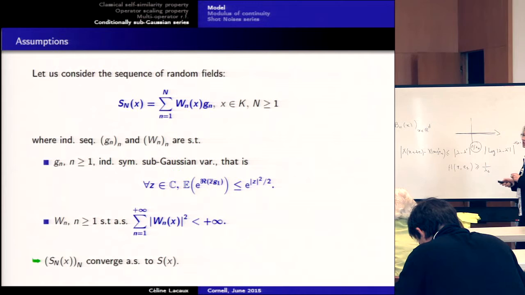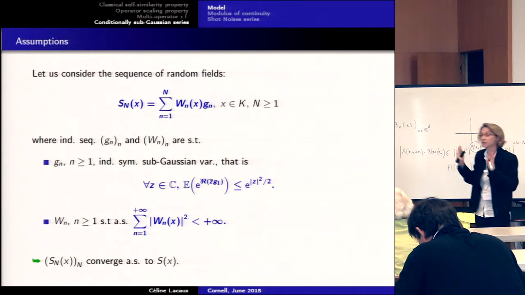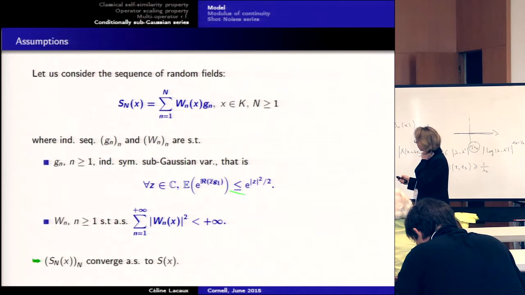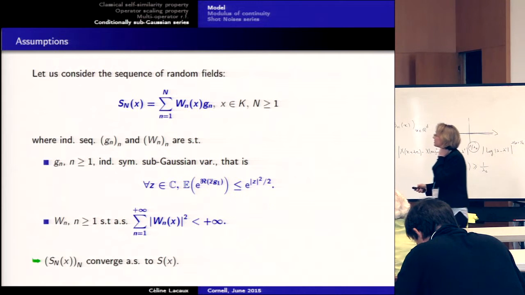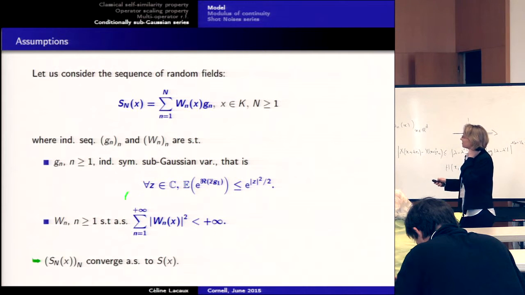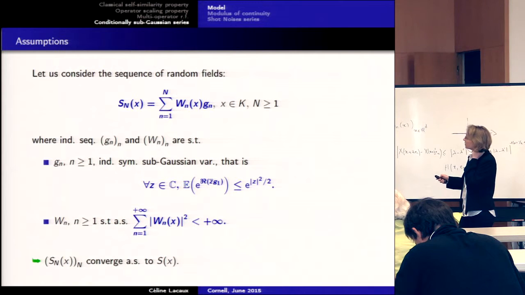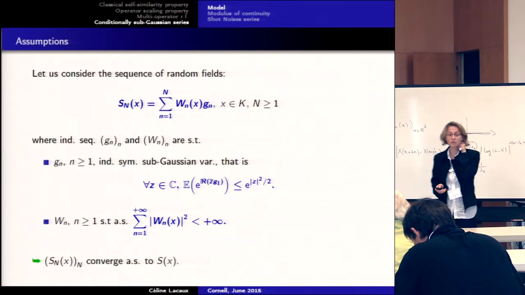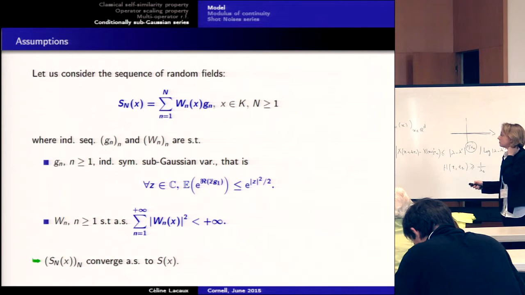I choose a sub-Gaussian random variable, a little more general. That means that I can control the Fourier transform by this. And I choose Wn such that this sum is finite. Why? Because these conditions are equivalent to the almost sure convergence of Sn. And I will be interested in the limit S.